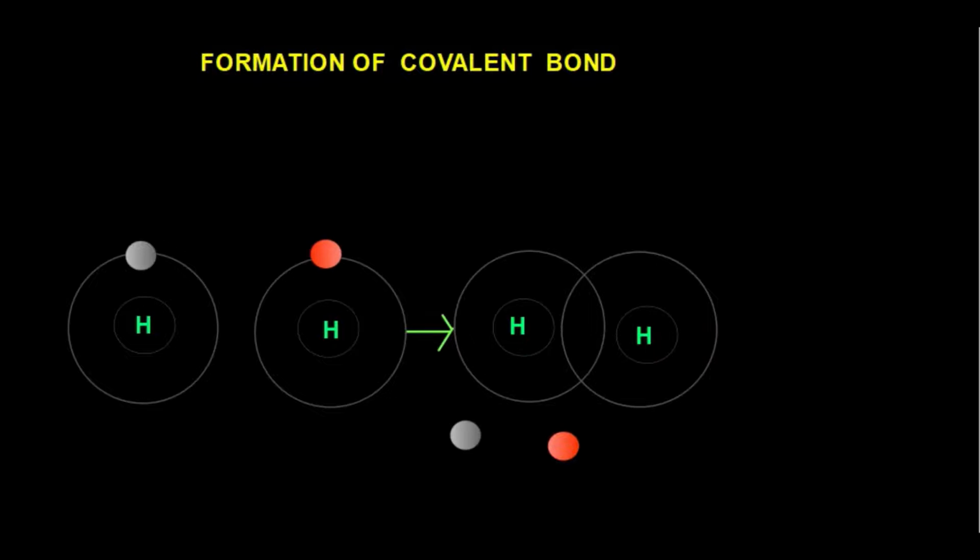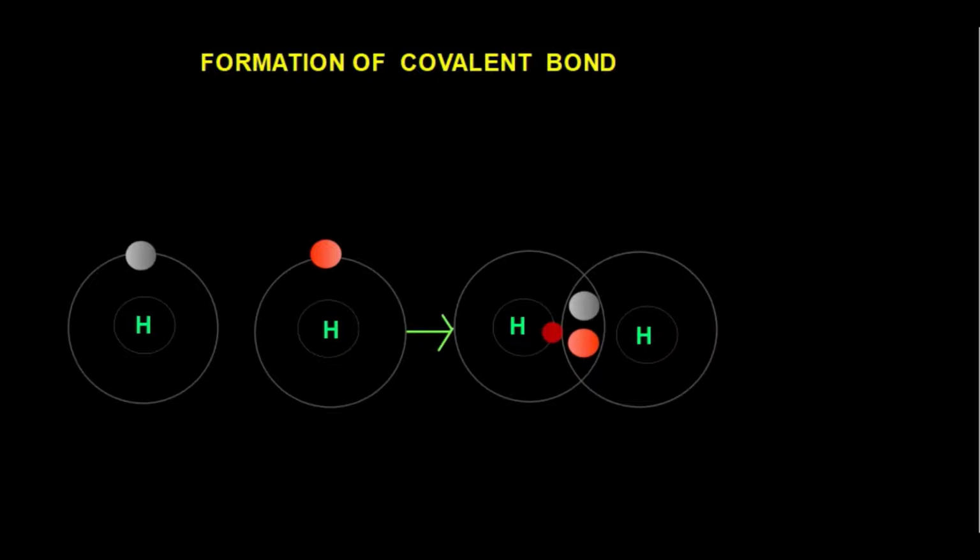Now, in order to get the stability, to get the electronic configuration similar with the helium, hydrogen must have two electrons in its first shell, that is in K shell. So each hydrogen atom shares a single electron to a shared pair. This hydrogen shared its electron here, as well as this hydrogen atom also shared this electron over here.